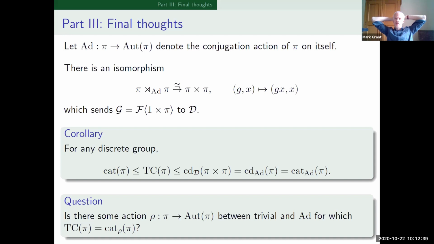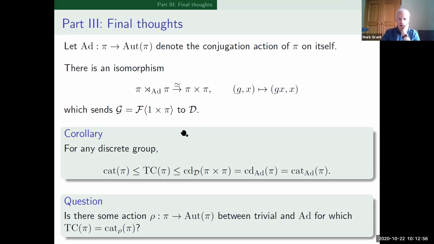And the thing is, this isomorphism sends the family G generated by the base of the semi-direct product to the family D of diagonal subgroups, as is fairly easy to check.